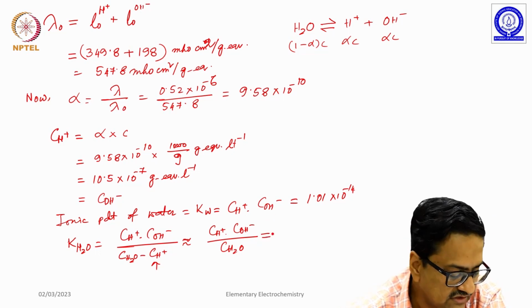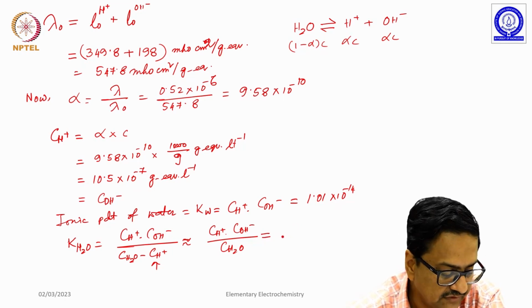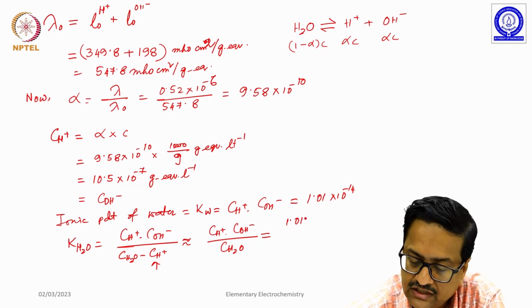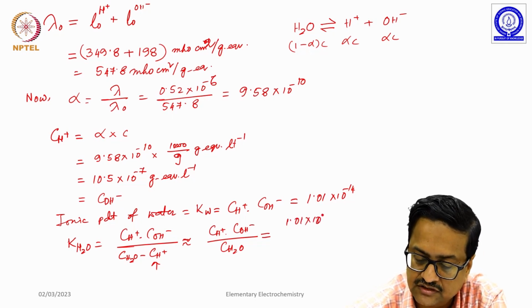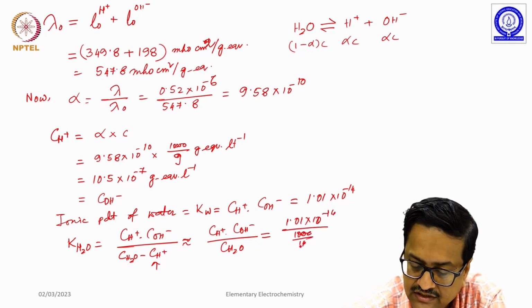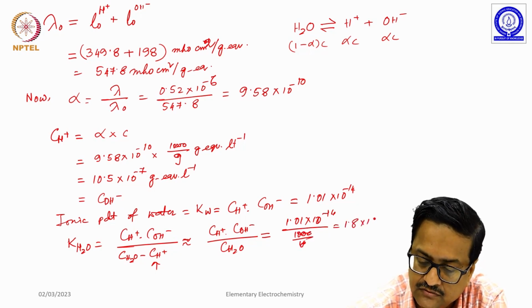Now, if you do this calculation, you will get the value as 1.01 into 10 to the power minus 14 for this product, and concentration of water is 1000 by 18, which is equal to 1.8 into 10 to the power minus 16.